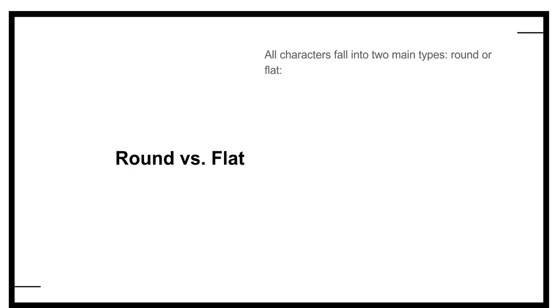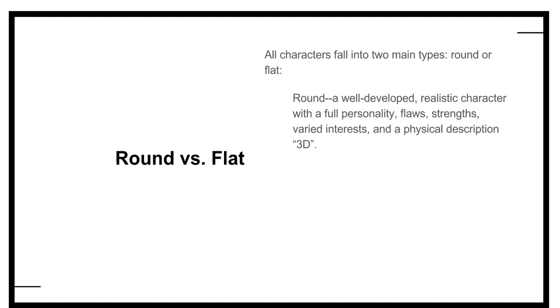First things first, all characters are either round or flat. That means round characters are well-developed, realistic, they have full-fledged personalities with varied interests, strengths and weaknesses, and a physical description. They're 3D in the sense that you could picture this person as a real-life person.